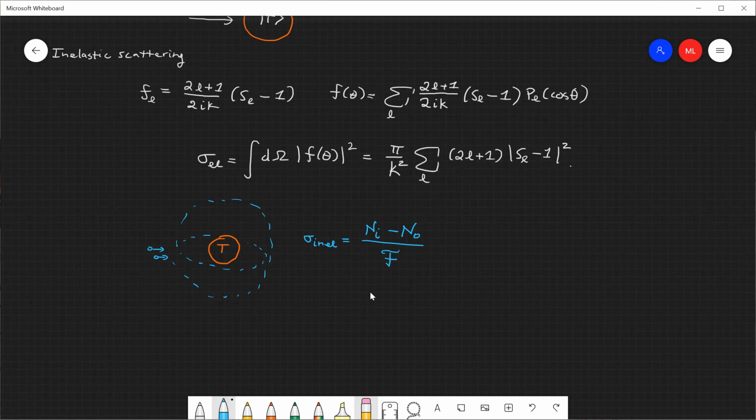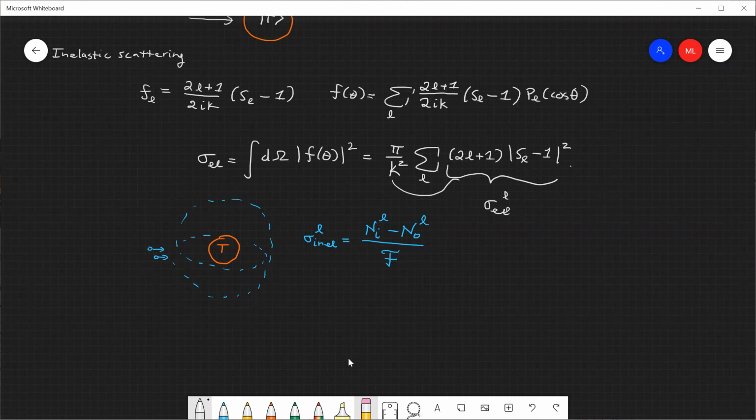It'll be convenient to look at the partial wave contribution to all these things, the nth partial wave contribution to the inelastic scattering cross-section, and correspondingly the nth contribution to the number of particles. I'll calculate that in a moment. This would be sigma elastic, the nth contribution to the elastic cross-section from each partial wave. Each partial wave contributes some to the scattering cross-section and correspondingly to the number of particles in and out.